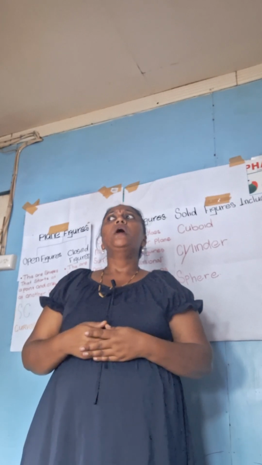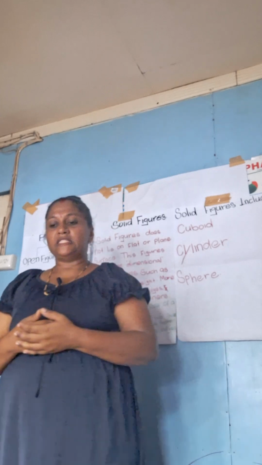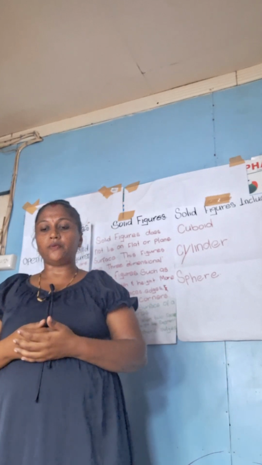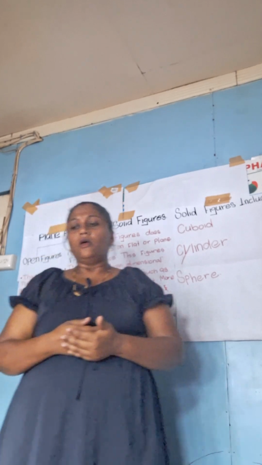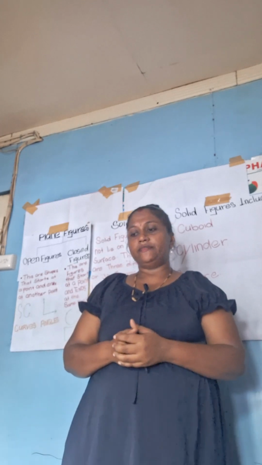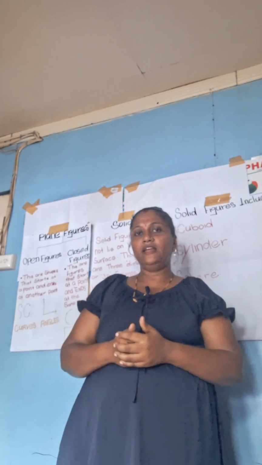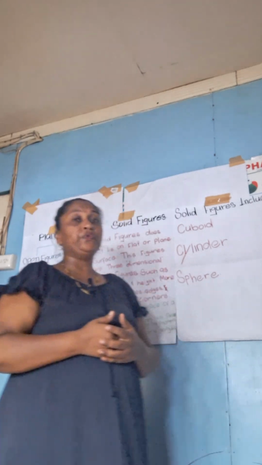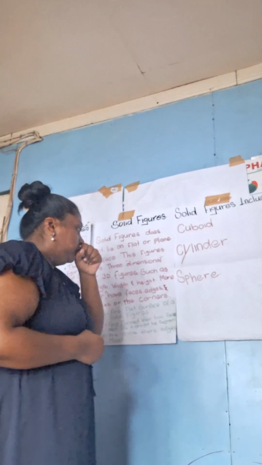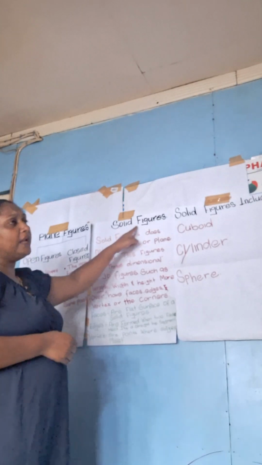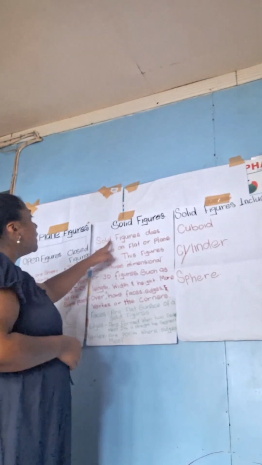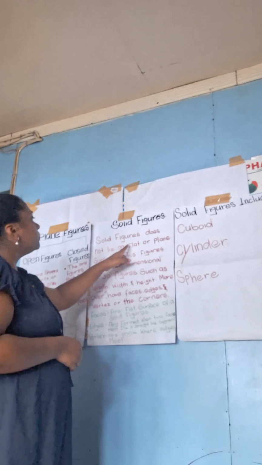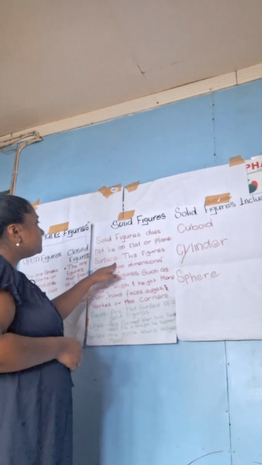Alright, solid or space figures. Now, what is a solid figure? I want you all to read with me. Solid figures do not lie on a flat or plane surface.